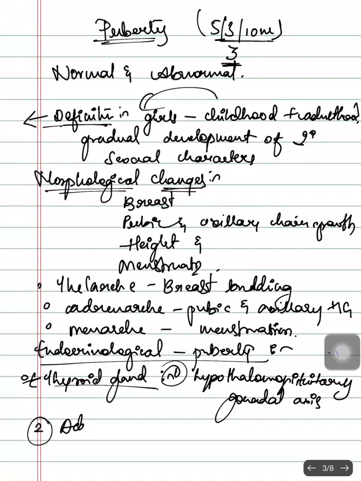Next, there are the adrenal glands. There are certain changes that take place in the adrenal glands, which is adenarchy, where there is an increase in the activity of sex steroid synthesis. Next, the third is gonadarche, where there is increased amplitude and frequency of GnRH, and also an increase in the secretion of FSH, follicle stimulating hormone, and LH, luteinizing hormone.